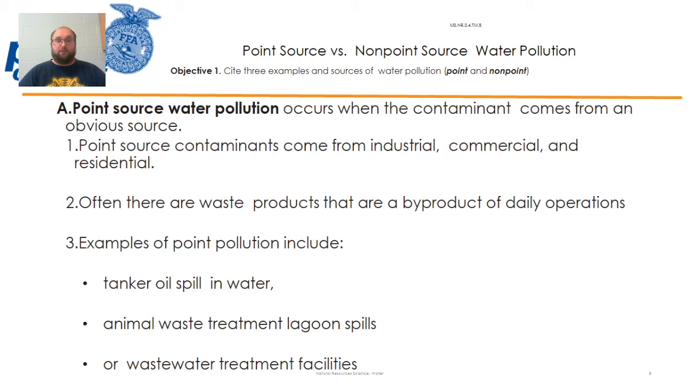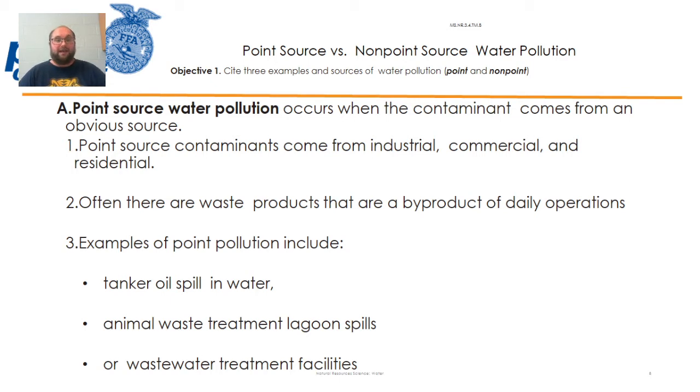Point source water pollution occurs when the contaminant comes from an obvious source. We know where the pollution came from. Point source contaminants come from industrial, commercial, residential, and agricultural sources.